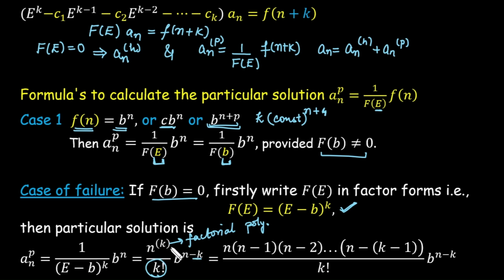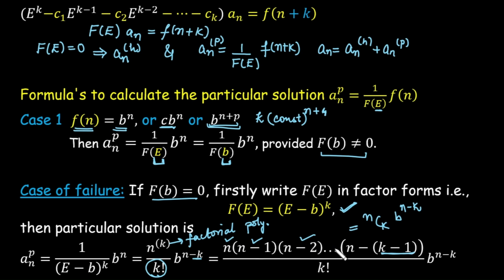After that, we expand this factorial polynomial, that is, we need k terms from the factorial. The first term is n, then n minus 1, n minus 2, and the last term is n minus k plus 1, divided by the same k factorial, times b raised to power n minus k. This is further equal to nCk b raised to power n minus k. So either write it in the factorial polynomial form, or take the help of combination to write the answer. Ultimately, you will get this form.